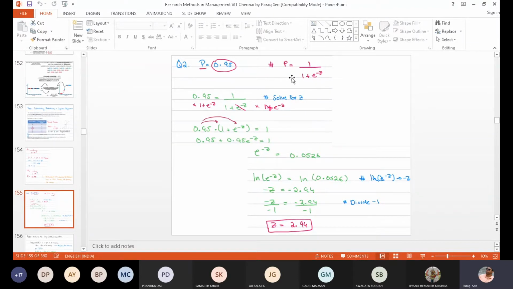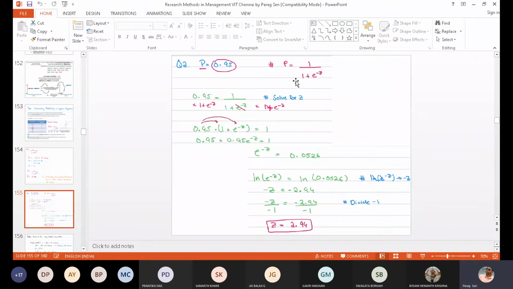So you put here the 0.95, and you can easily calculate e to the power minus z. If you know the value of e to the power minus z, you can obviously calculate the value of z or x, which will be 2.94, because the p is given.